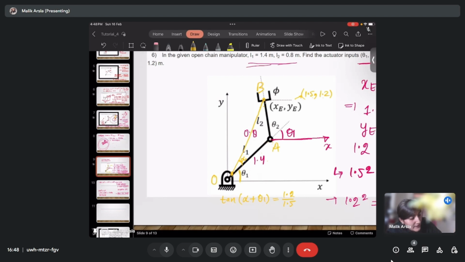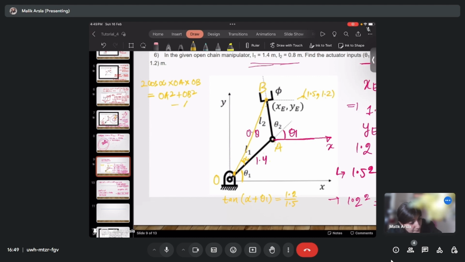Let me do it here only. So you can write twice cos alpha into OA into OB is equal to OA square, this length, plus OB square minus AB square, right?